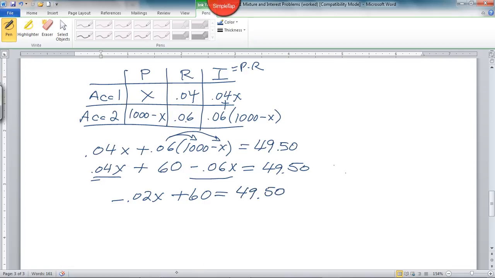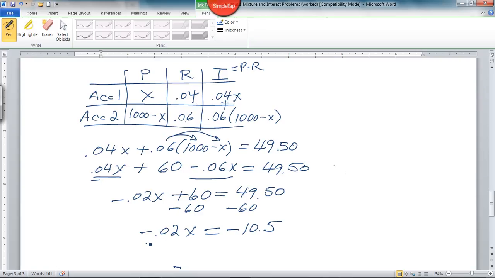Now I need to get the constant to the other side there, so I subtract my 60. Left side will just be negative 0.02x. 60s go out. 49.50 minus 60. What does that give you? Type it up. You get negative 10.5.